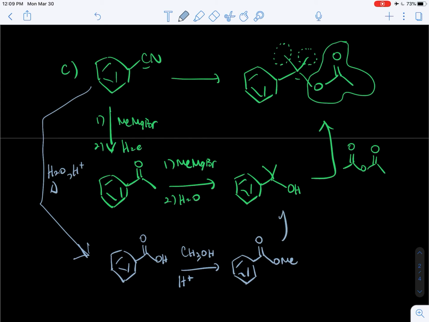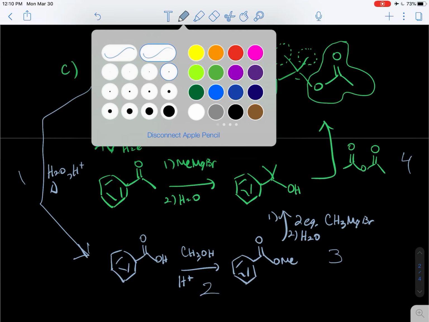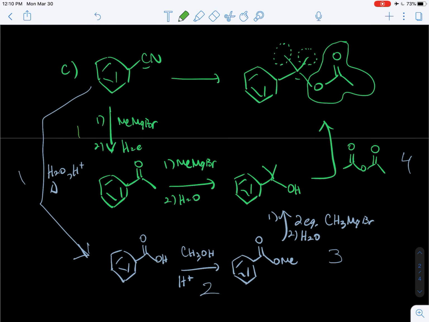And then in one step, we could add 2 equivalents of our methyl magnesium bromide. And then step 2, do the water workup, and then do that. So that would be 1, 2, 3, 4 steps. Or in green, that would be 1, 2, 3 steps. Okay, so 3 or 4 steps.